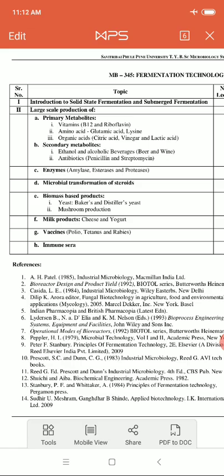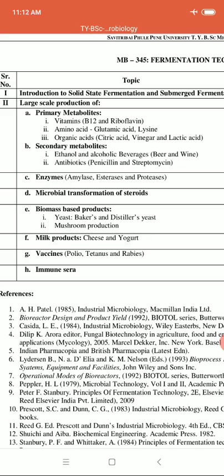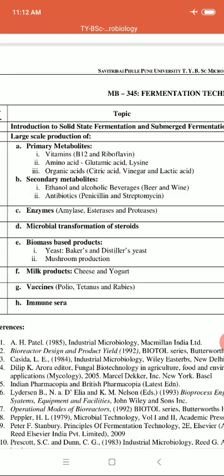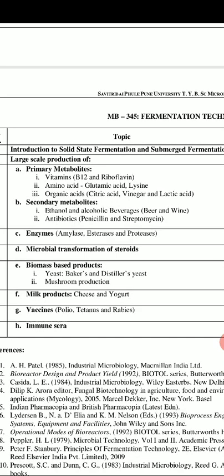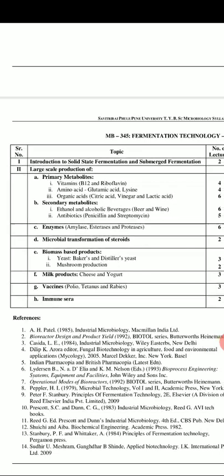In this syllabus, our first chapter is the introduction to solid state fermentation and submerged fermentation. Solid state fermentation, also known as SSF, has been defined as the fermentation process occurring in the absence of free water utilizing solid substrates.